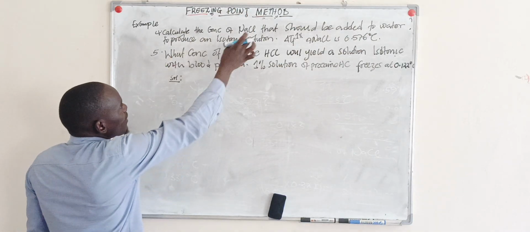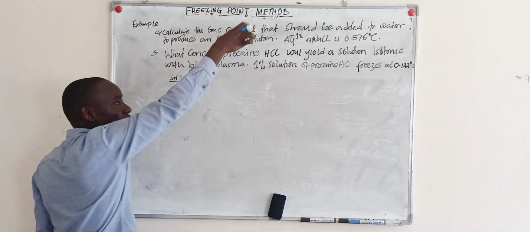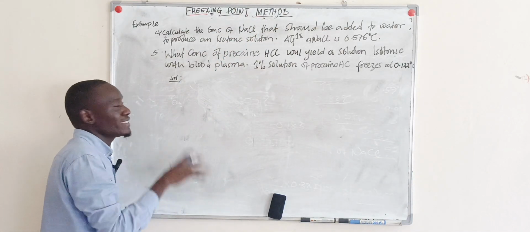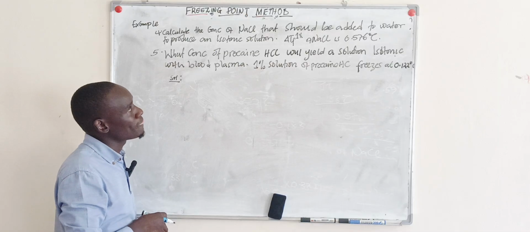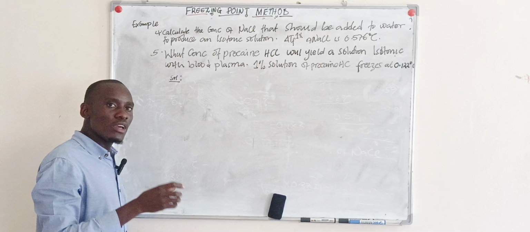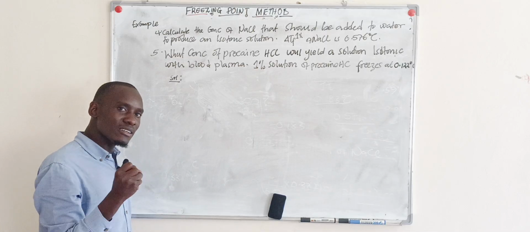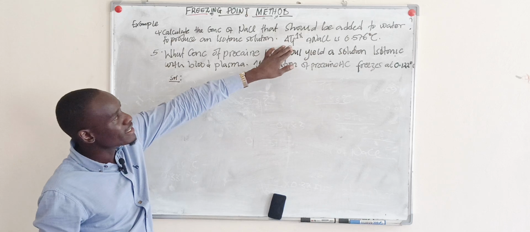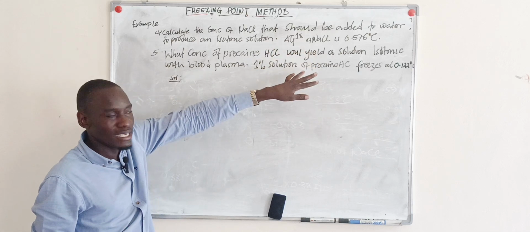So in this case, we have only been given sodium chloride, and that is the adjusting substance at the same time. So that means here we are simply going to compare the freezing point depression of blood plasma and that of 1% solution of sodium chloride.